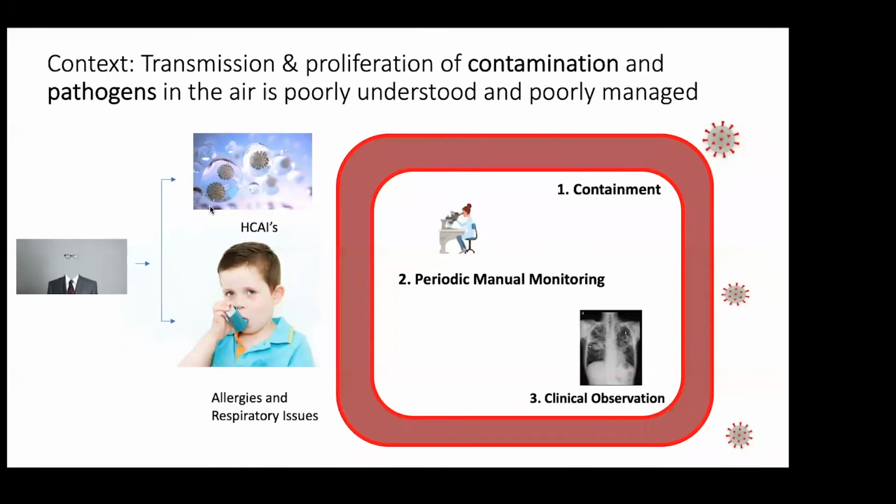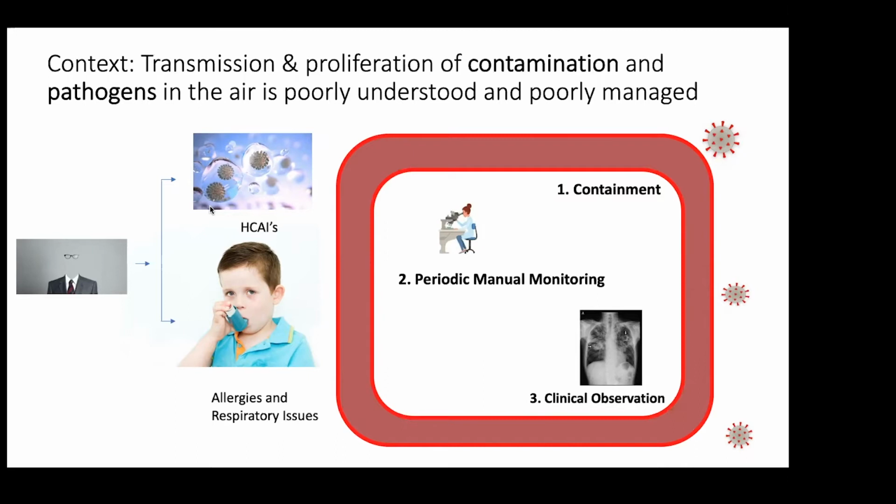On the right-hand slide, what I'm trying to show is that there are three ways we deal with it. First of all, it's containment. The second thing is monitoring, and the third thing is observation. What I mean by this is it's an invisible thing. It travels through the air. We all know the difficulty with the virus, so this is very topical. Is it airborne? Is it not airborne? Is it in droplet format? Is it viable or not viable?